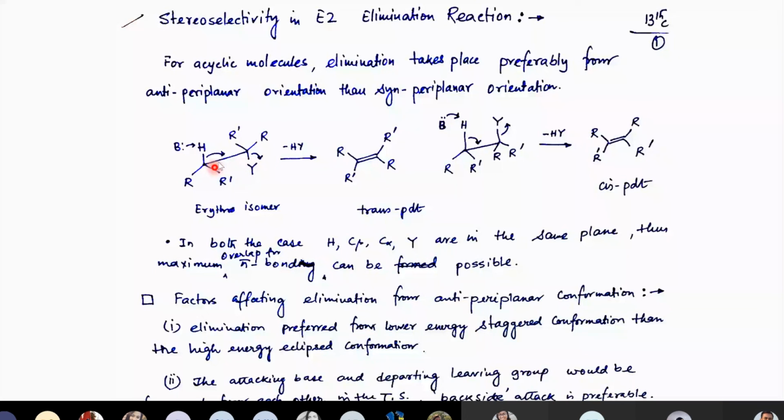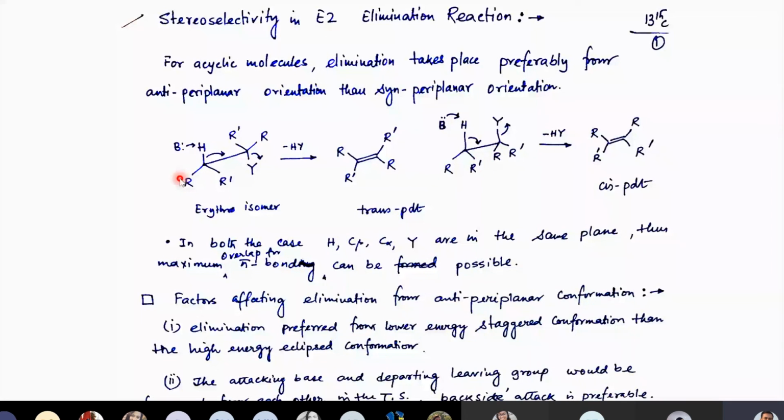Okay. What are the reasons? There are two reasons for this. First is, the transition state generated from anti-periplanar orientation is more stable than syn. Here, these two and these two are in the eclipsed conformation, but here these four are in the staggered conformation, so they will face a lot of steric interaction. So your anti-periplanar is more favorable than your syn-periplanar.